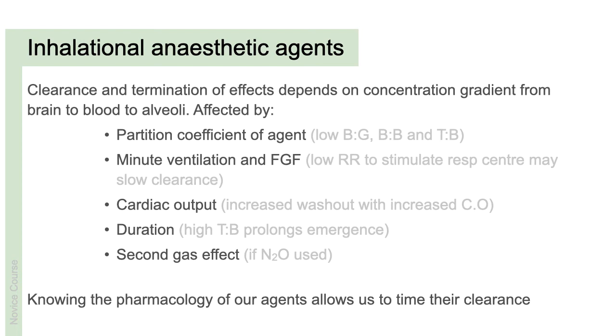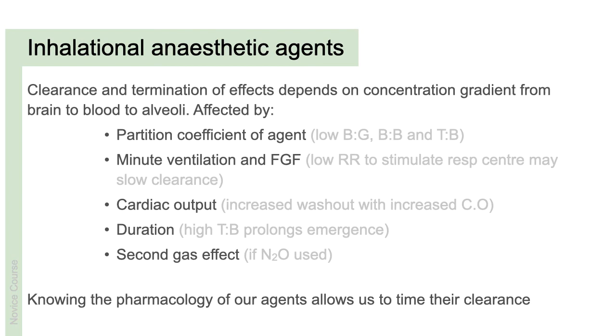Then there's your cardiac output. So increased cardiac output leads to an increased washout of your anaesthetic agent. So any increased cardiac output state will lead to a faster clearance. The next is the duration of your anaesthesia.